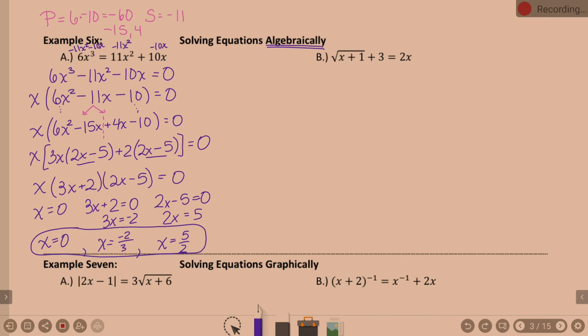Anytime you have any type of root, square root, cube root, whatever, we're going to isolate it. So in order to get this square root by itself, we're going to subtract the 3 over. So I have square root of x plus 1 equals 2x minus 3.